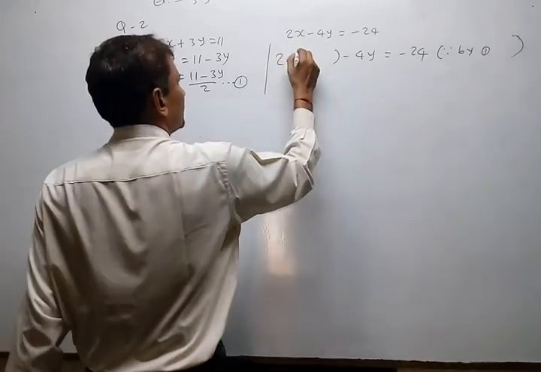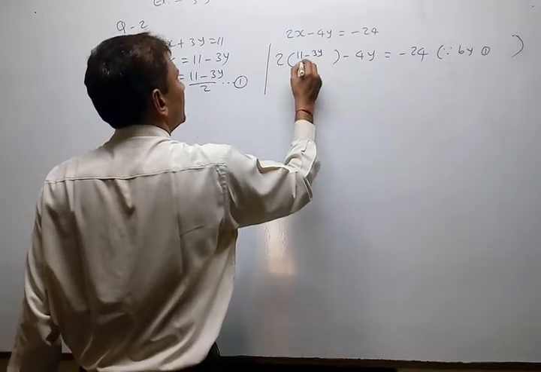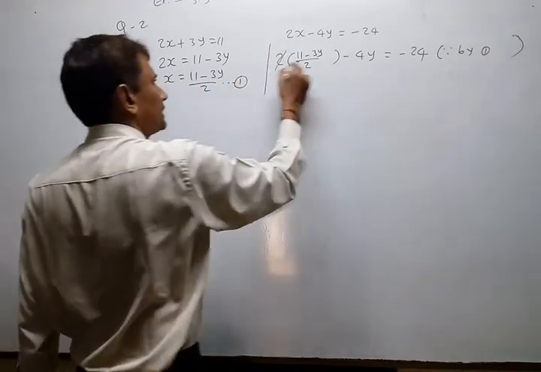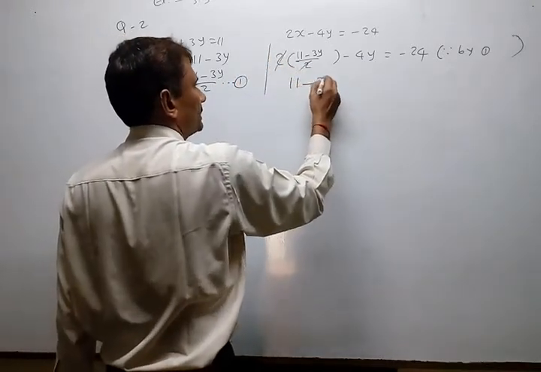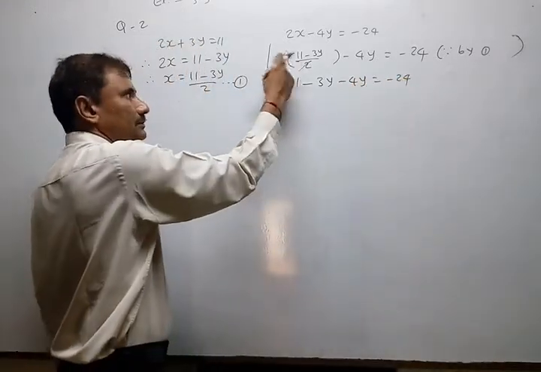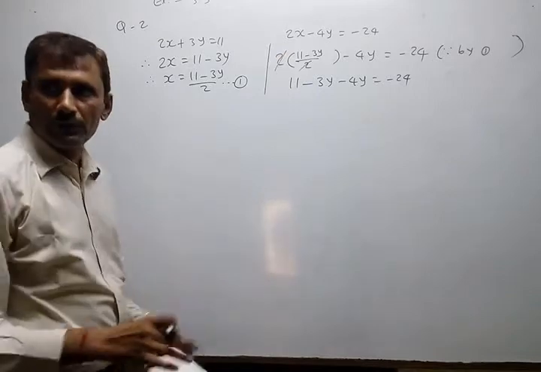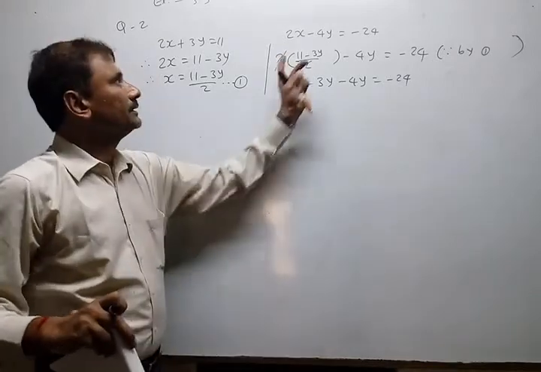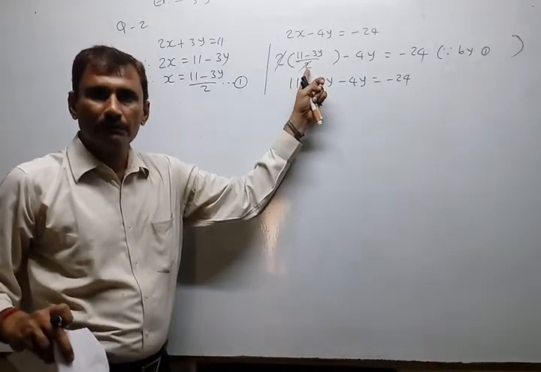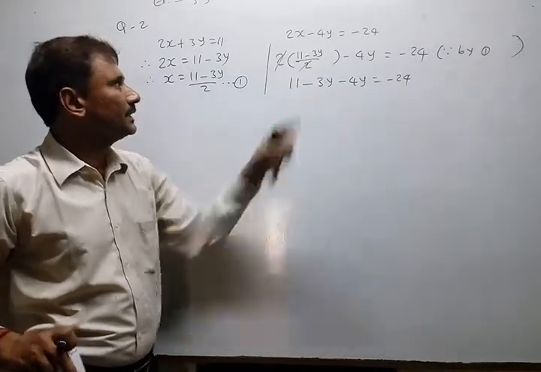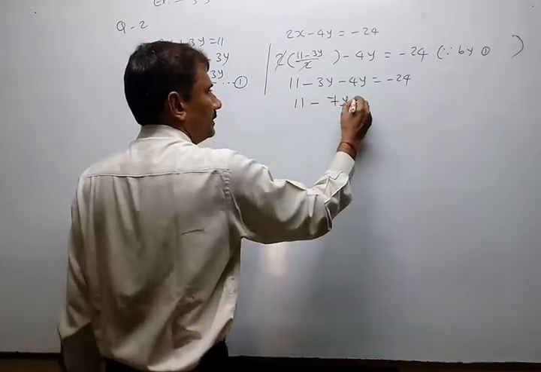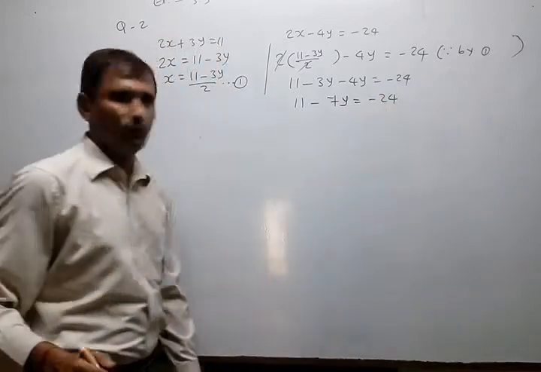So 11 minus 3y upon 2, the 2 cancels, giving 11 minus 3y minus 4y equal to minus 24. Cancelling is not possible every time; if it is not possible, then you have to multiply the whole equation by the denominator. So remember, here 11 minus 7y equal to minus 24.